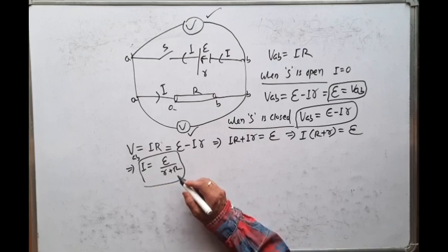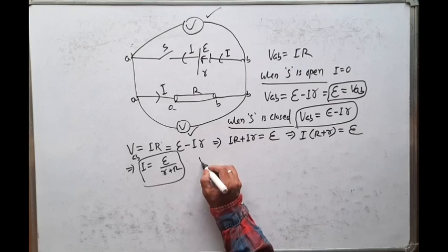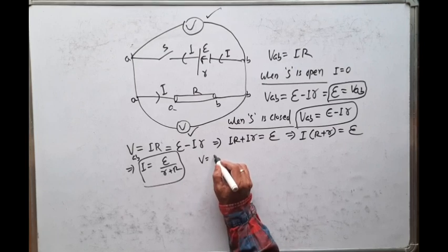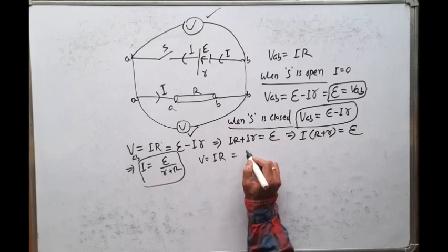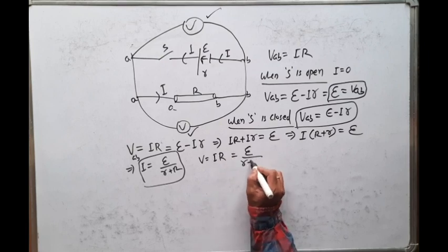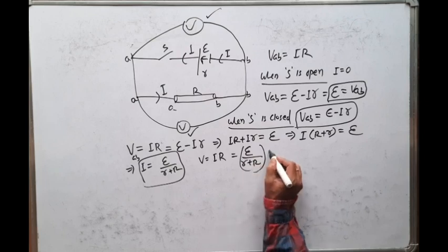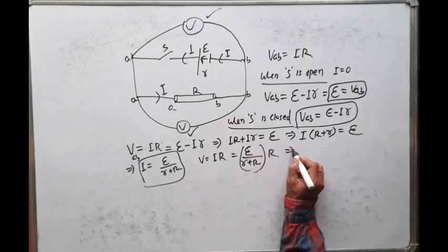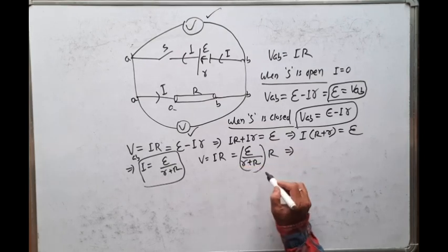Now you see, this is your I. Again, V is equal to IR. I is nothing but E by R plus r, whole into R. Just cross multiply this.